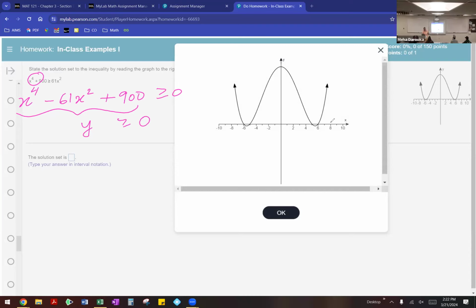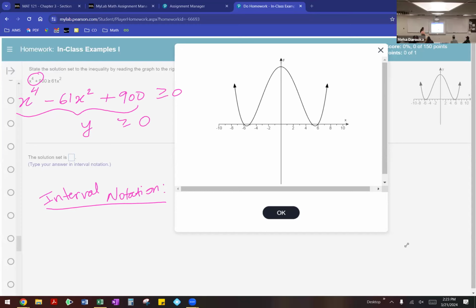So what interval do you think will satisfy this inequality where our inequality is greater than or equal to 0? What do you think that interval notation will be? So what is it going to be?